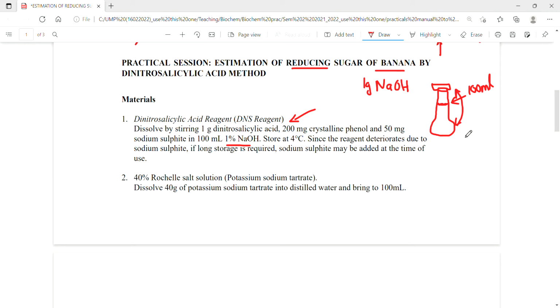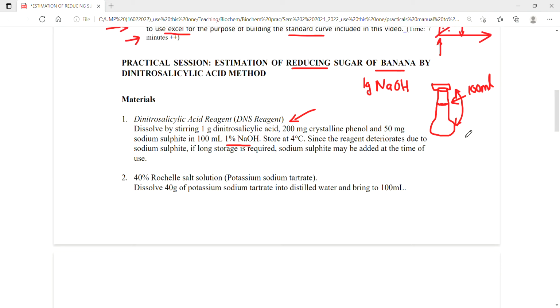That's how we mix it, up and down until it's completely mixed and the solute is dissolved. Therefore, you have prepared 100 ml of 1% NaOH.